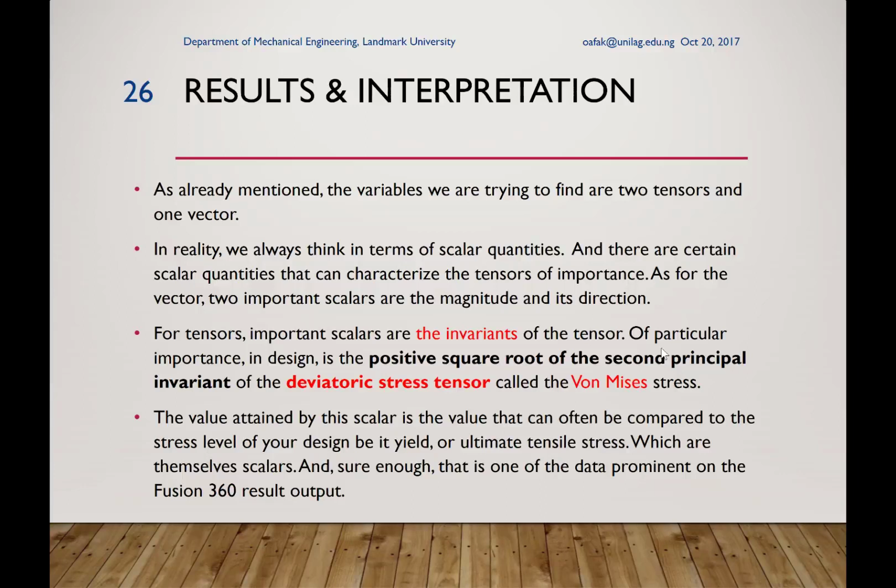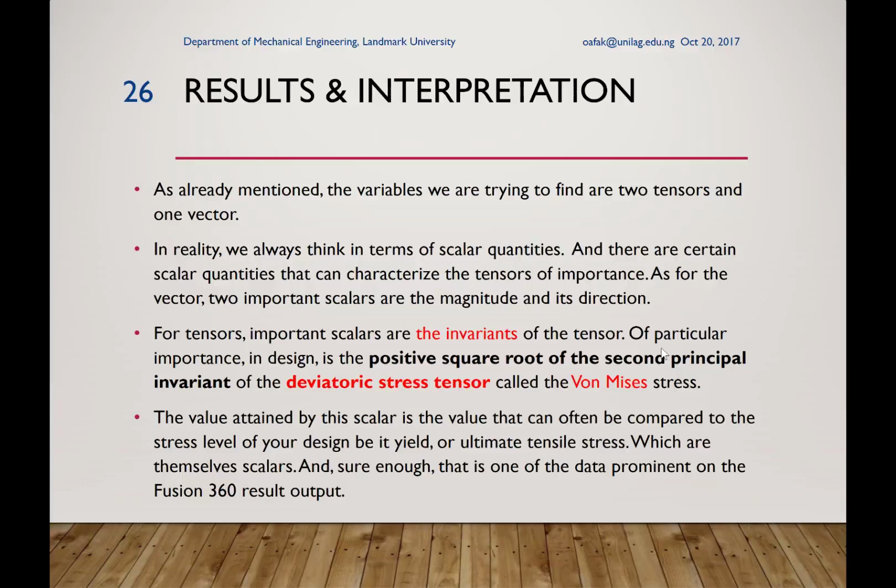And sure enough, that is one of the data prominent in Fusion 360 result output. Before we move on, let us remember that even though the von Mises stress is very important, it does not fully characterize the tensor. It is just one, just like you cannot fully characterize a vector by simply knowing its magnitude. You must also know its direction.